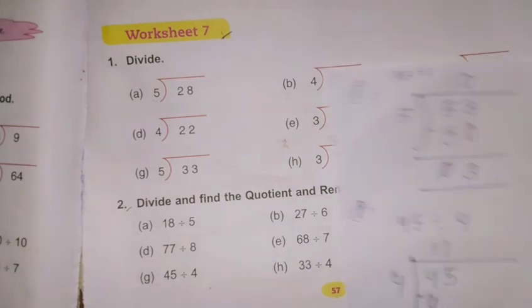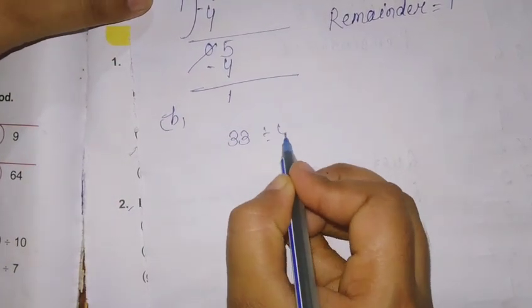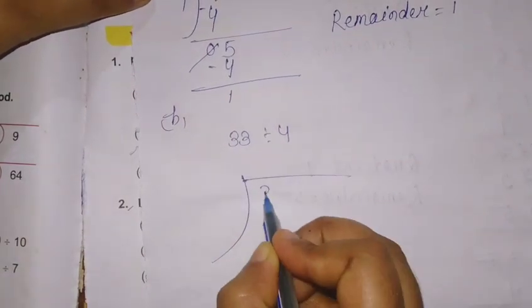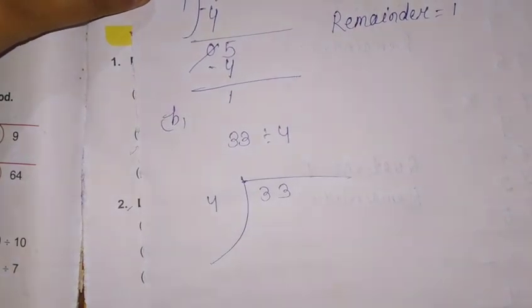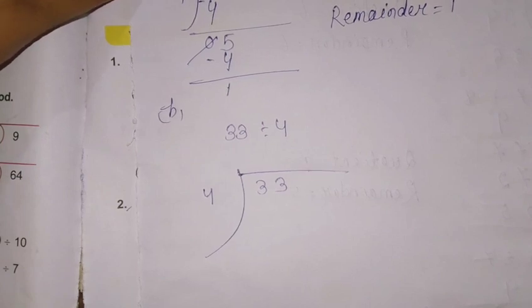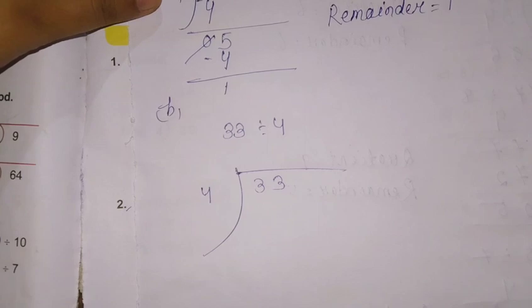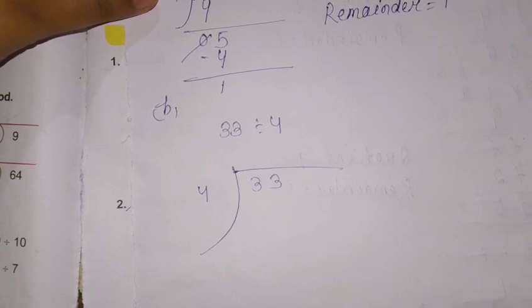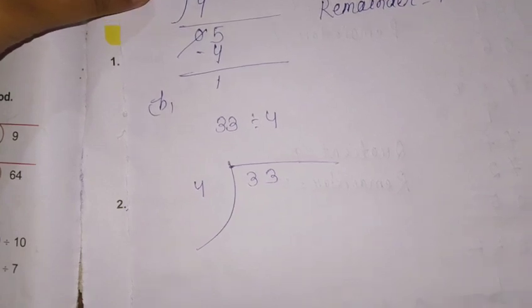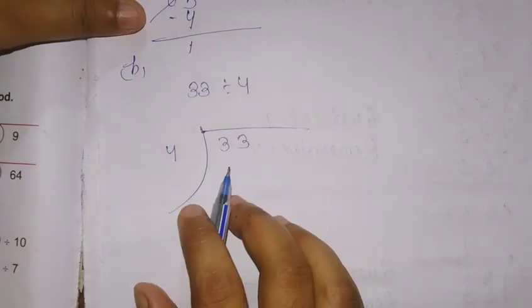Then another point H. 33 divided by 4. First, we recite the multiplication table of 4 till we get 33. We cannot find 33 in the multiplication table of 4. Then we recite the multiplication table of 4 which is just less than 33.